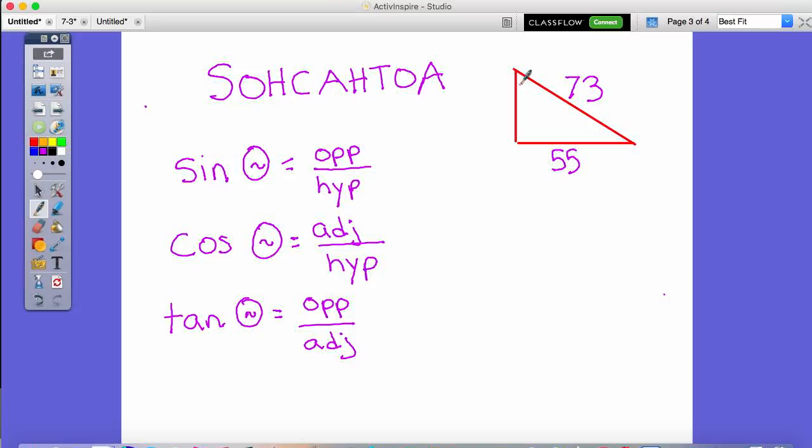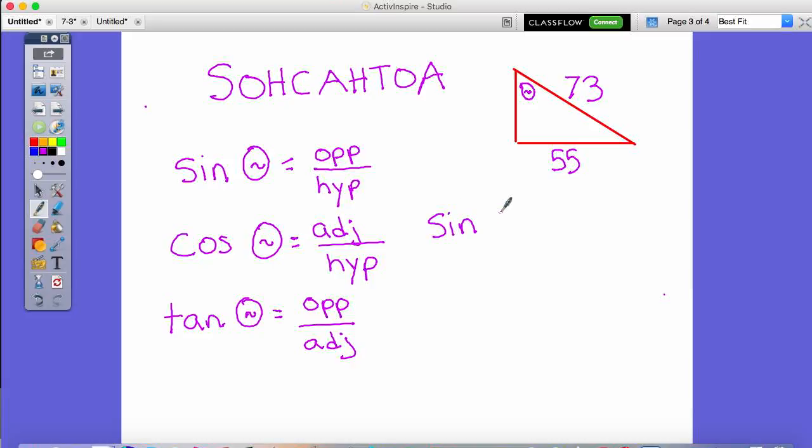So let's do this one up here. Let's do this angle theta first. If this is angle theta, 55 is opposite and 73 is the hypotenuse. So when I have opposite and hypotenuse, I'm dealing with sine.